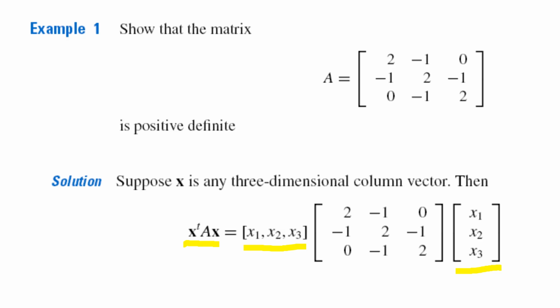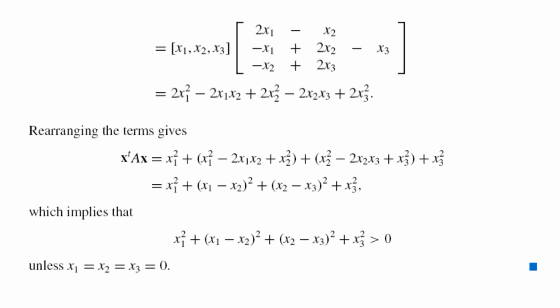We know how we have to multiply these three matrices. We will first take the result of the product of these two matrices, this matrix and this vector. We obtain a vector after multiplying the matrix with the vector.